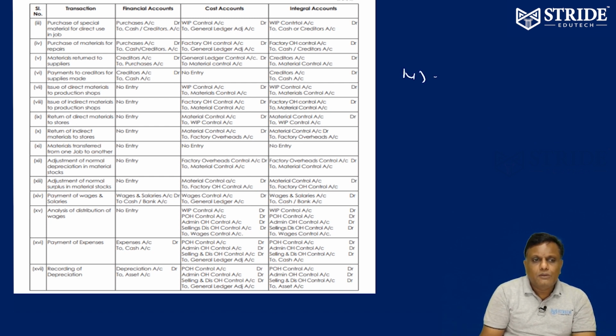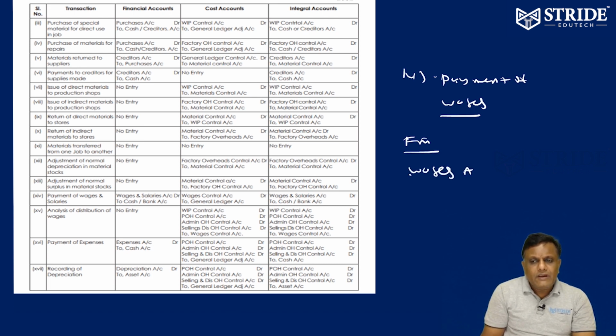So number 14 here, payment of wages and salaries. So in financial books, whenever the wages are paid, wages account debit to cash or bank. Right.